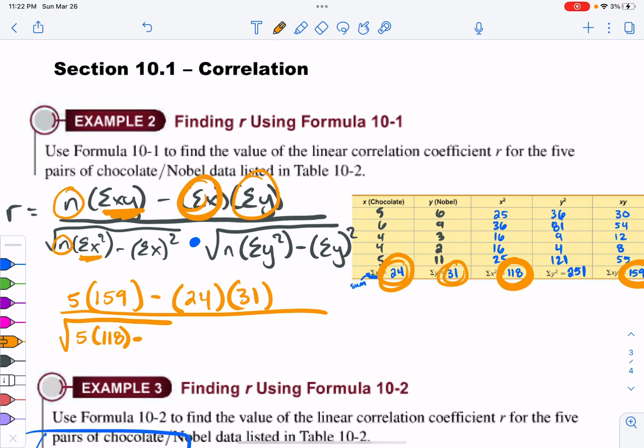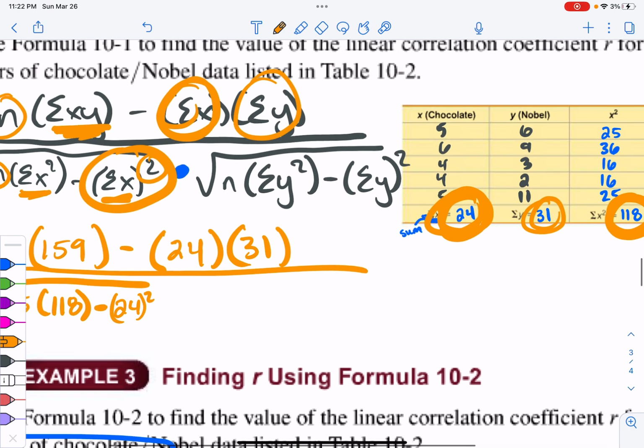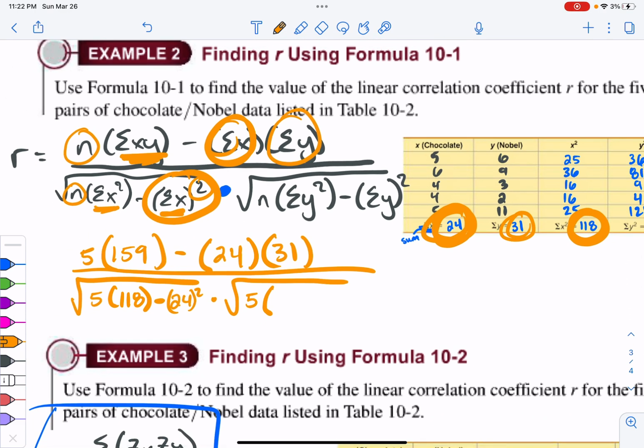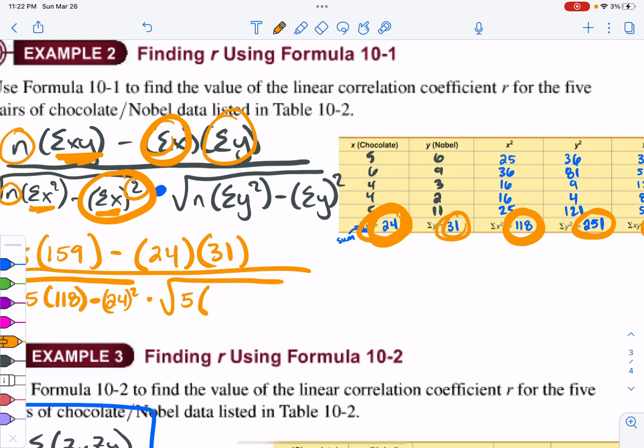And the difference between that and this one is here's the sum of the X's, which is 24, and I'm going to take that value and square it. So the square comes after I look at that thing. And then times, I have the square root of 5 times the sum of the Y squareds, which is 251. That's what he is. And then minus the sum of the Y's, which is 31 squared.